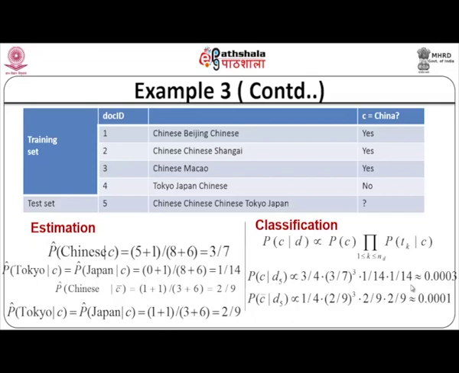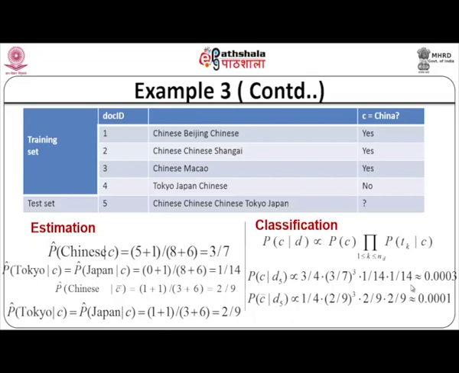Similarly, you can take Tokyo given C, and Japan given C is equal to 0 plus 1 over 8 plus 6, which is 1 by 14, and P of Chinese given not China is equal to 2 by 9, and you get a similar thing. So, with this, for the new document given Chinese, Tokyo, Japan, you get P of C given D5 is equal to 3 by 4 into 3 by 7 the whole cubed, into 1 by 14 into 1 by 14.